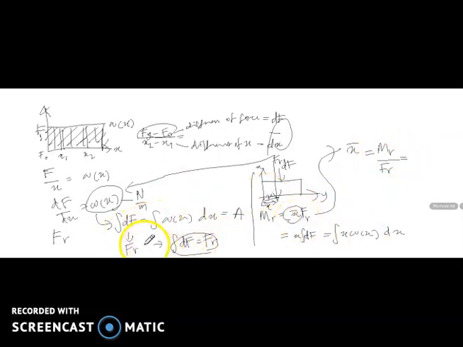F resultant is equal to this one, and M resultant is equal to this one. So x bar equals the integration of x wx dx, over the integration of wx dx. Okay, so you get this one.